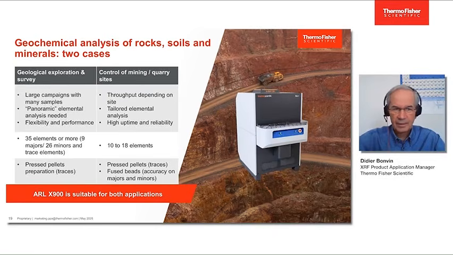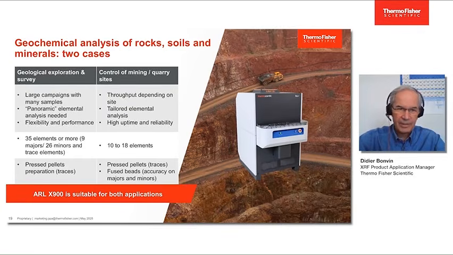Then the second case we can talk about is the control of a mining or a quarry site. In that case, the minerals that need to be measured and analyzed are mostly known. We know why we are digging in that mine. We know what we're looking for.